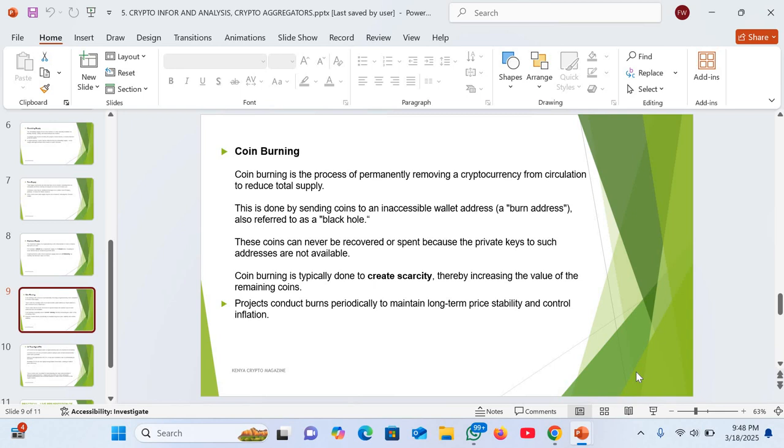I have mentioned Dogecoin. I've also mentioned Shiba Inu, and Pepe. These are coins with a very high circulating supply.